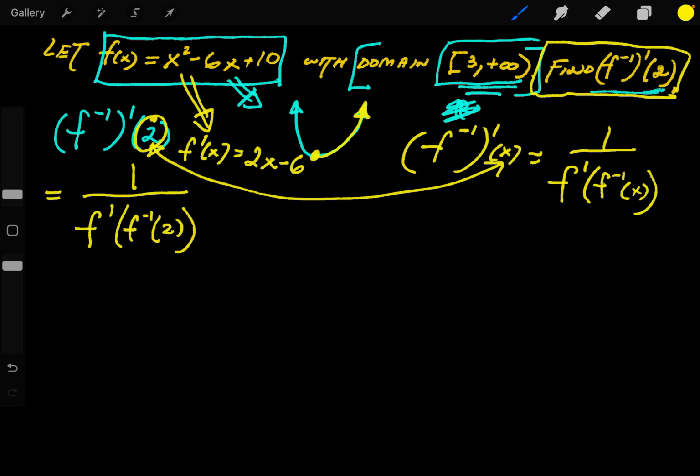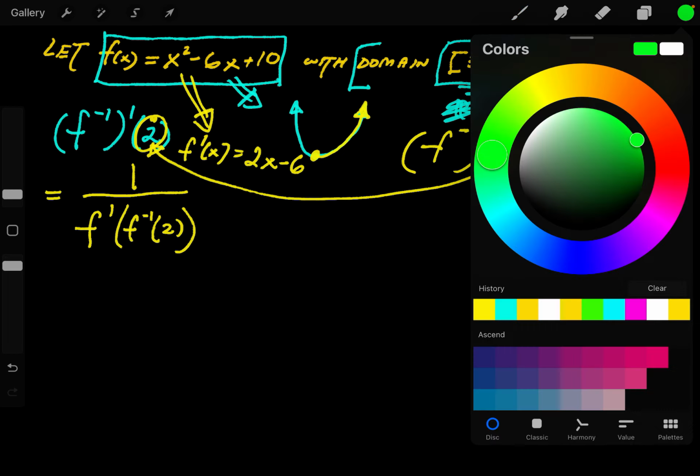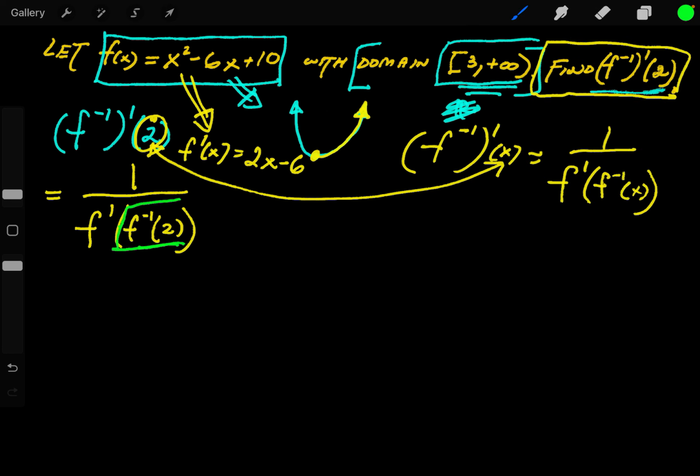And then I need to plug into this value right here. I need to sit here and take my time with this. This is a little tricky, but f inverse of 2, right? That's the question mark. But it helps if we say, well, what's f? If I apply f on both sides. And remember, what I'm looking for is the question mark.